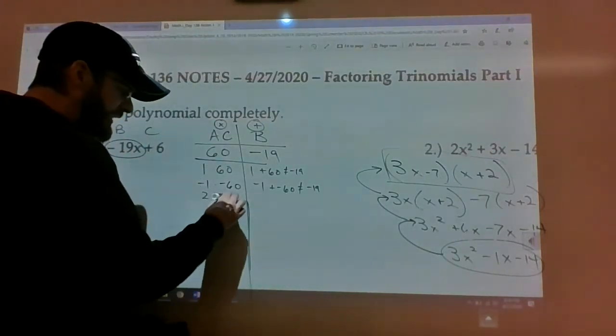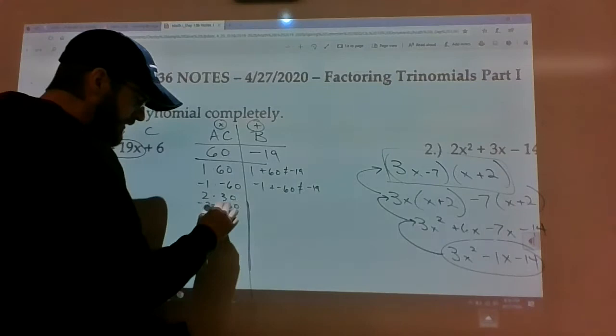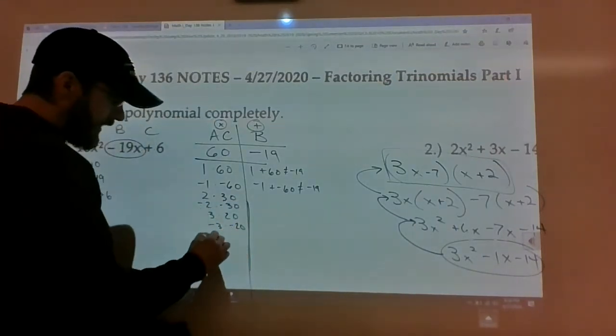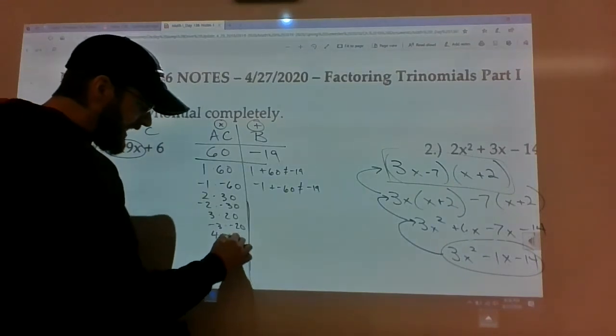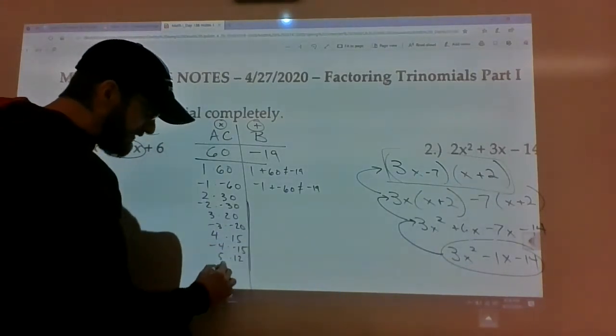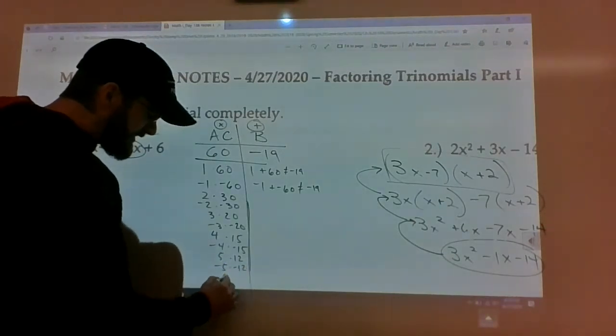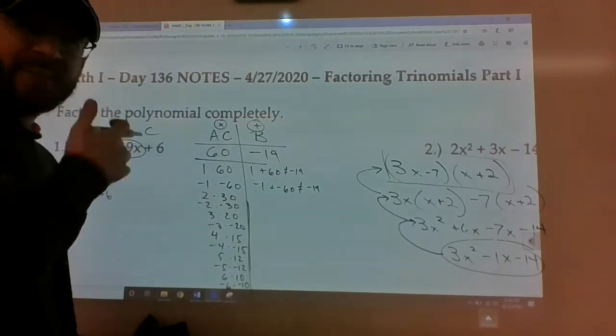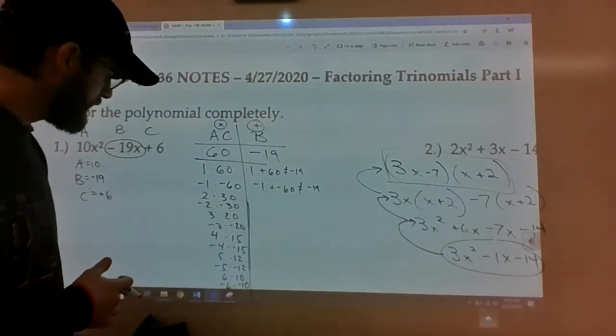There's 2 and 30, negative 2 and negative 30, 3 and 20, negative 3 and negative 20, 4 and 15, negative 4 and negative 15, 5 and 12, negative 5 and negative 12, 6 and 10, negative 6 and negative 10. Am I missing any? I don't think so. I think I got them all.